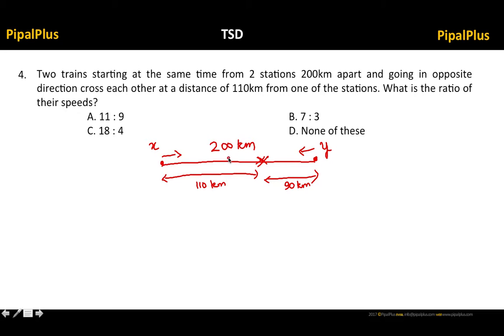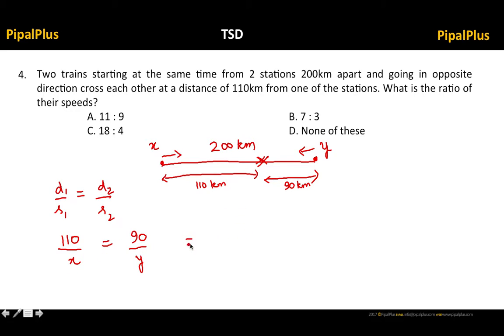So in the constant time situation, we know that d1 by s1 equals d2 by s2, right? So for this train, d1 is 110 kilometers and the speed is x. For the other train, the distance is 90 and the speed is y, right? And if we need to find out x over y, I take x here, cross multiply and bring 90 here.